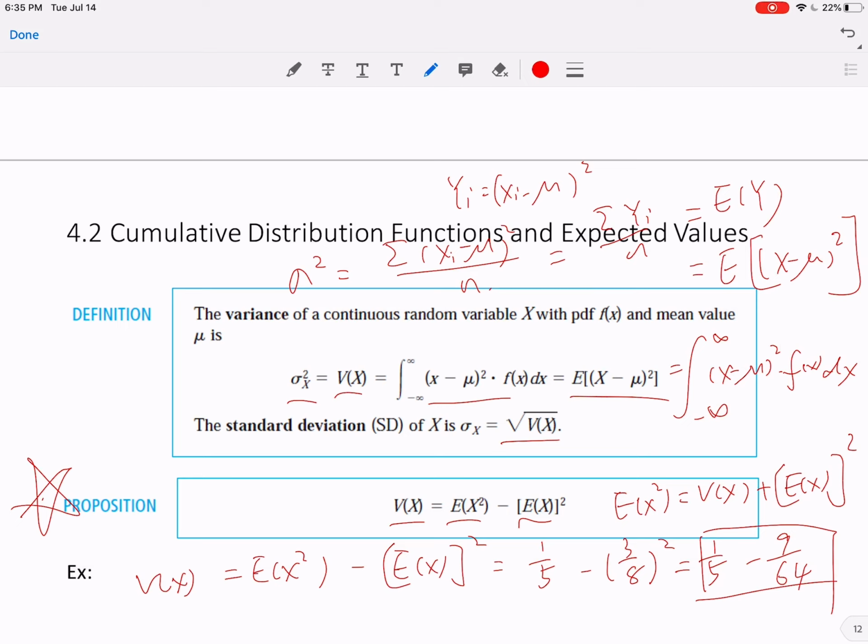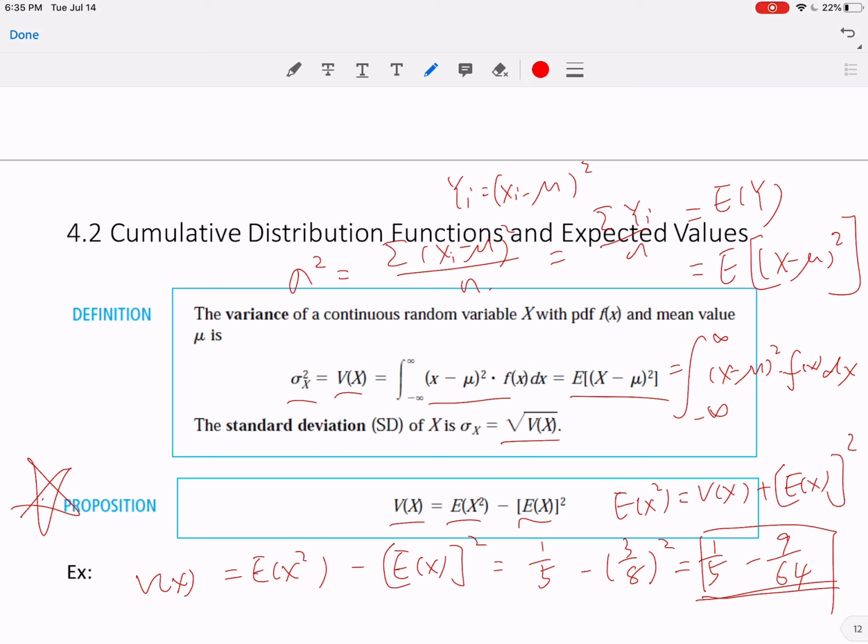But on the homework problems or on the test, you need to give me the simplified final answer. You just need to type this into your calculator and get a final answer. So that's pretty much how to find the variance.